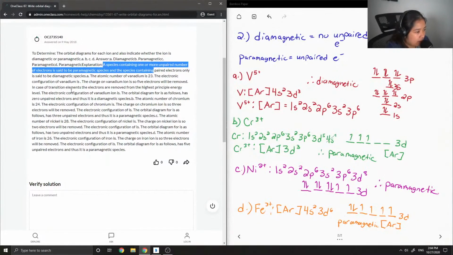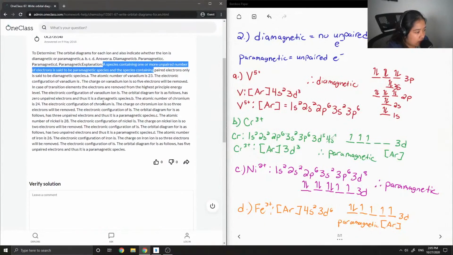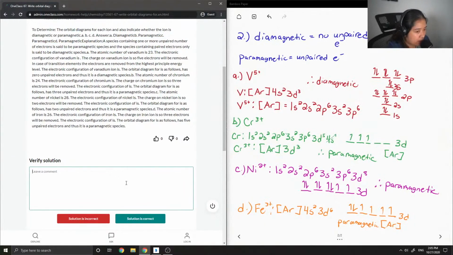Yep, so that looks right. Looks like they meant to draw out also the electron configuration. Okay, so they explained all of the different diamagnetic and paramagnetic, so I'm just going to say the answer is correct. And then I'll just briefly write out their electron configurations.